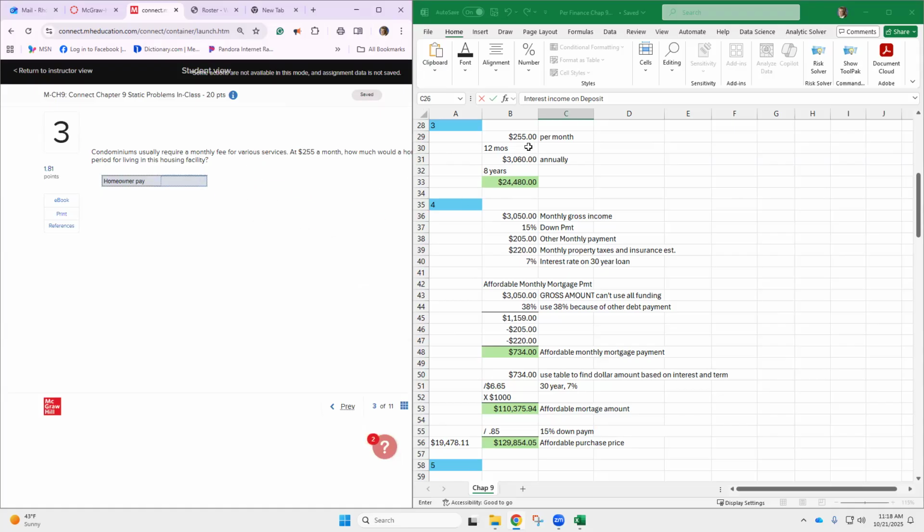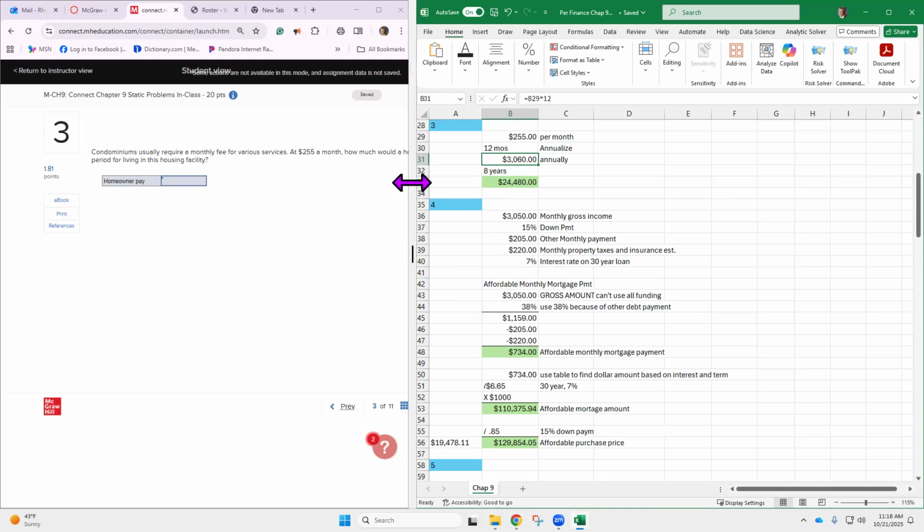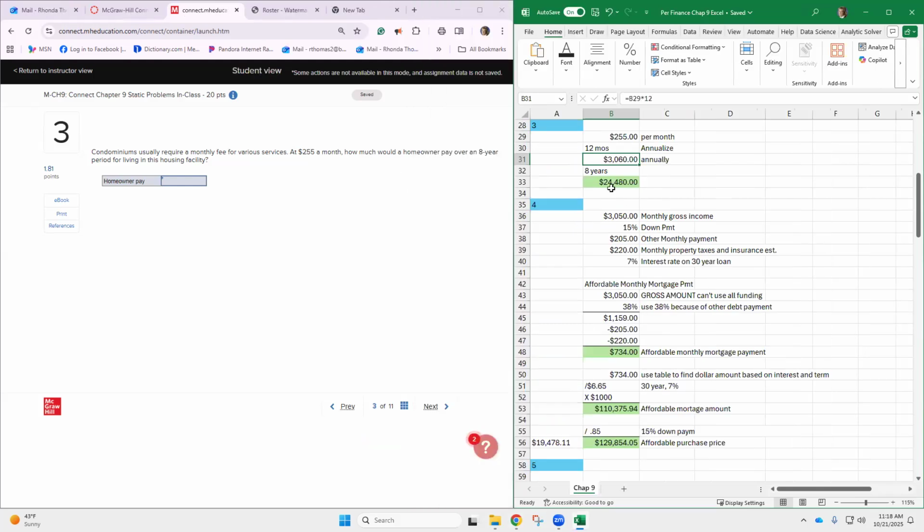But when you get something that's by the month, to annualize it, you take it times 12. Okay, and then that means $3,060 annually. And then they wanted to know how much over 8 years. So 8 years times the 3,060 is 24,480.